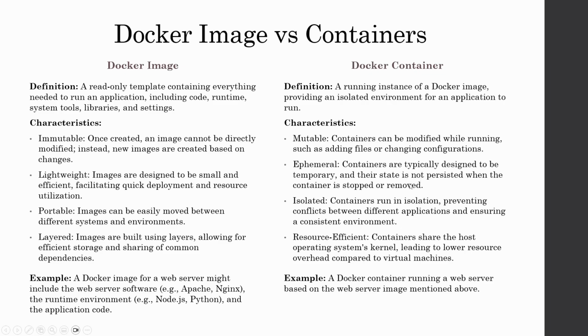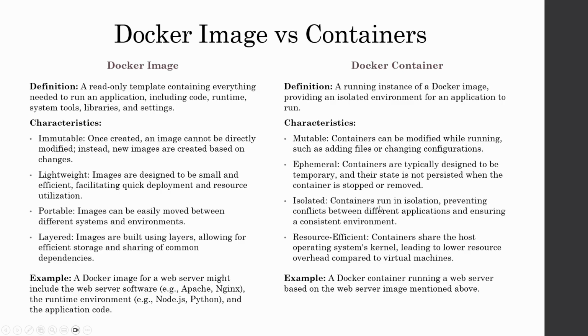So once you stop the container or remove it, your data will be lost. Now there are ways to store it that we will see when we actually look at the example, right? But by default, it does not persist your data.